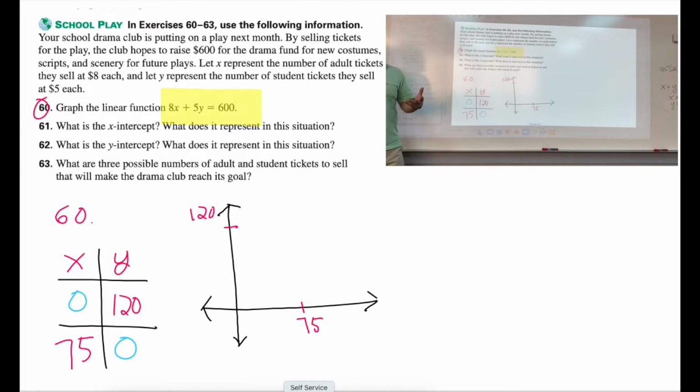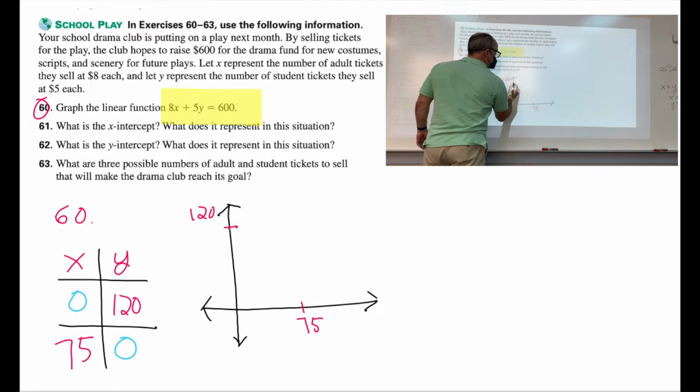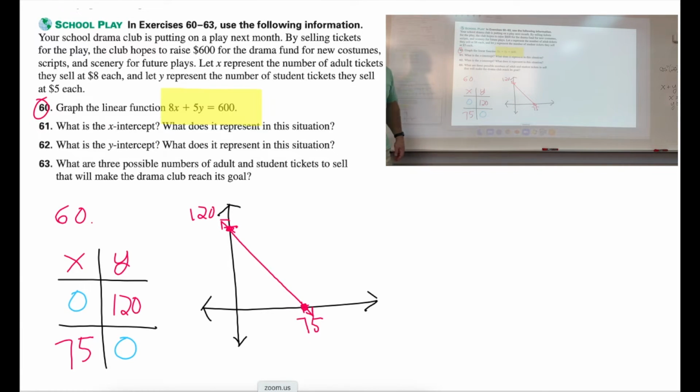That's called sketching a graph. It's all you need to do for this. And now I just have to connect these two dots, and that's my line. Okay? You guys think you can handle that, even with numbers this big? I'd let you use a calculator when we get into the hundreds, but it should be doable.